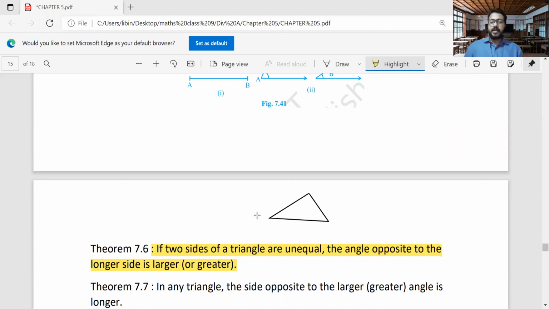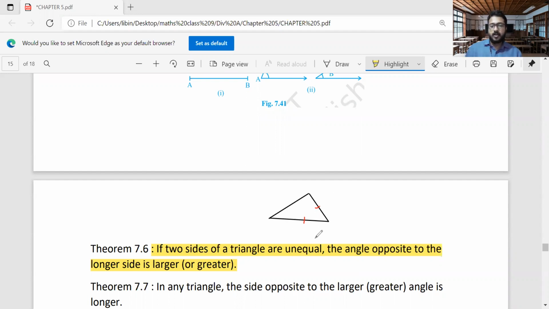Here I am considering specifically these two sides. As you can see, these two sides are not equal. Now the angle opposite to the longer side: which is the longer side?